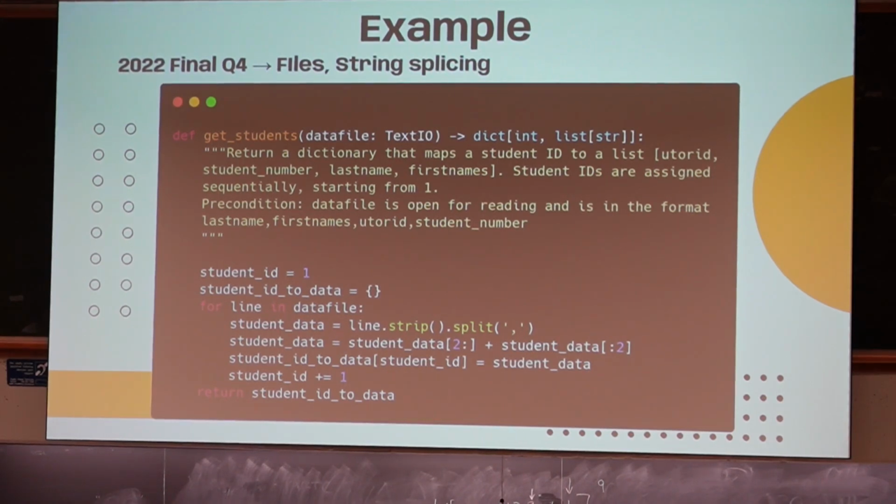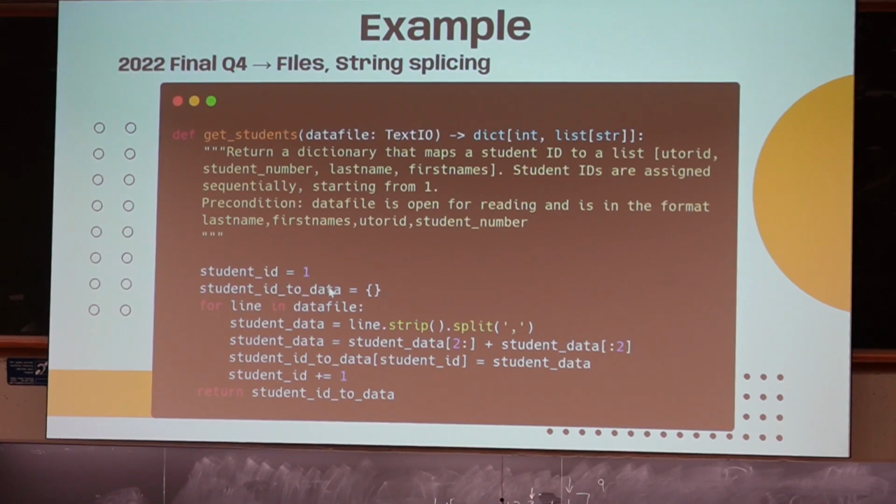So you take these two, and then you add it with A from the start of the array to 2. When you add them together, you get a list that's basically 3, 4, 1, 2. Right? So once you have that, you just store it back into student data. That's exactly the format that you want in your dictionary too.